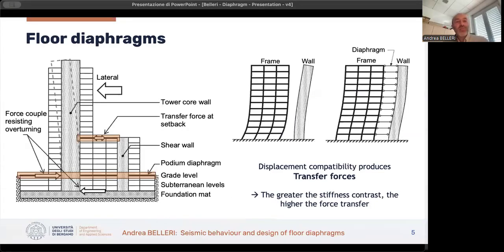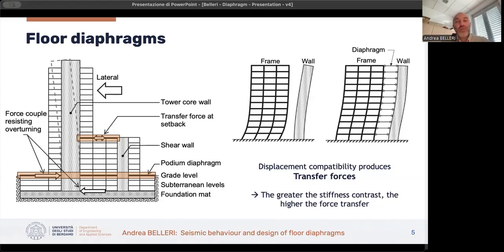Regarding this displacement compatibility, some transfer forces may arise in addition to inertia loads, particularly in multi-story buildings when we have setbacks, or a podium diaphragm at the grade level, or anytime we have different lateral force resisting systems acting together, like a frame and a wall system. They have a different deflected shape alone.